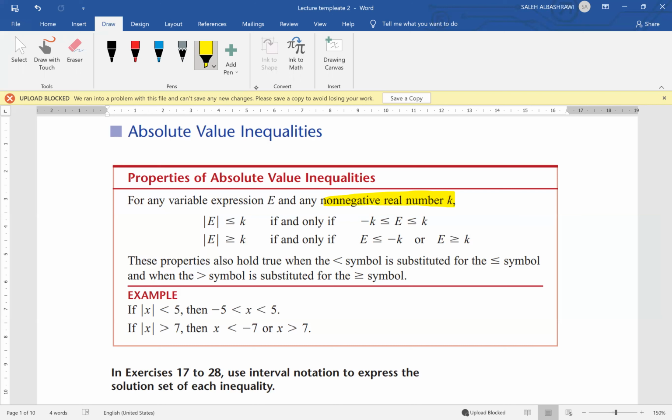If the absolute value of the expression E is less than or equal to K, it can be written as minus K less than or equal to E less than or equal to K. So if we have less than or equal, then it can be expanded in this way. If the absolute value of the expression is greater than K, then this is true if and only if E is less than or equal to the negative K or E is greater than the positive K.